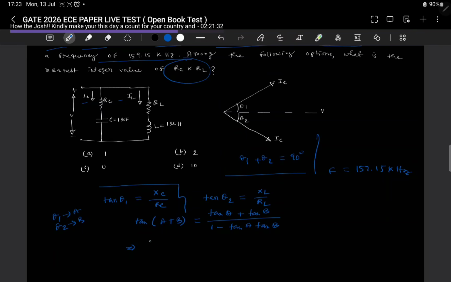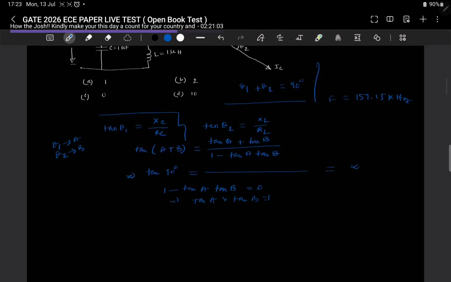Tan(A plus B) at 90 degree equal to this will be infinite. So the denominator part 1 minus tan A tan B will be 0. So tan A into tan B equal to 1.